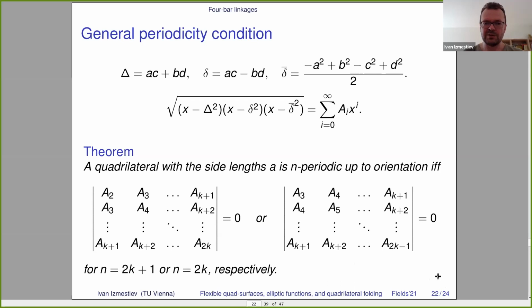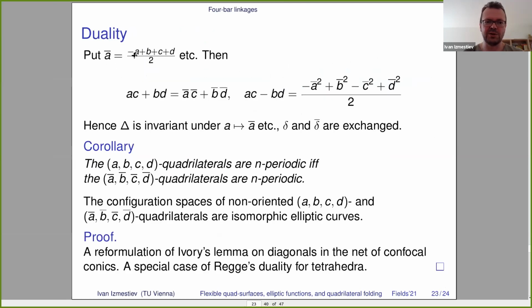Good. It is not easy to see in these formulas, and they are not very intuitive at first sight. But if you make a certain operation on the numbers a, b, c, d, namely replace a by (minus a plus b plus c plus d) over 2, and similarly for b, c, and d, then you get four new numbers. If you use them as the side lengths of the quadrilateral, it turns out that these new numbers satisfy the following equations.